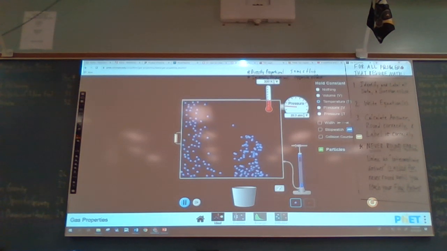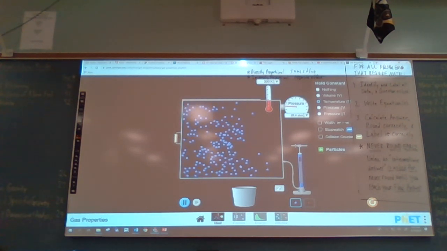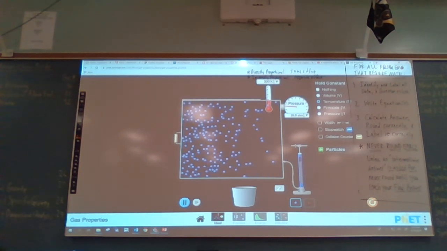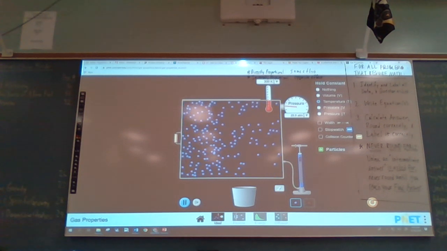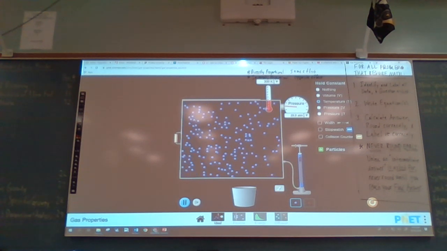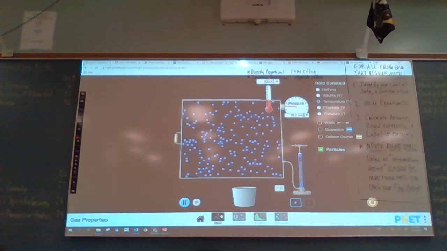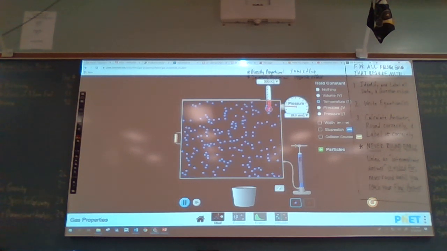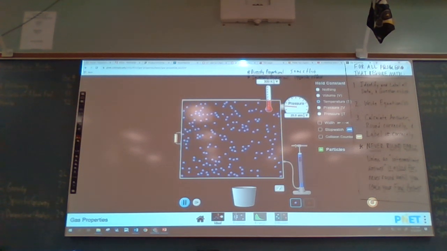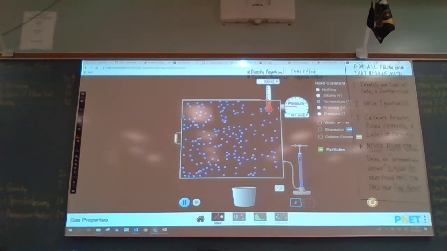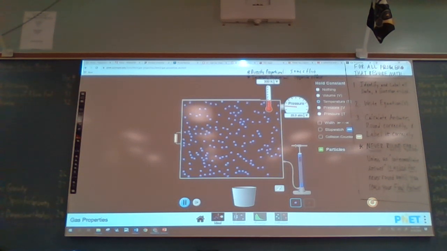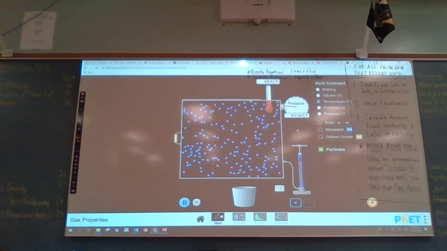And as you can see there now, gas particles move randomly in straight line motion. They collide with each other and the walls of their container, and the force and quantity of those collisions is what causes gas pressure. If you look on the pressure gauge here, it's showing about 20 atmospheres.